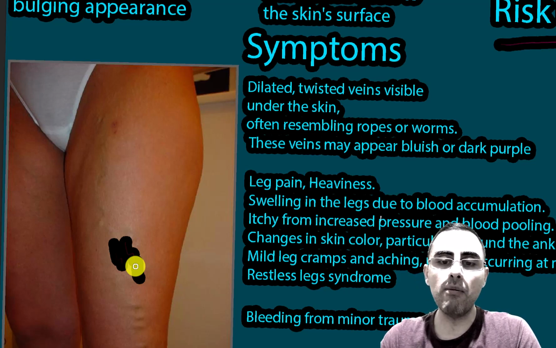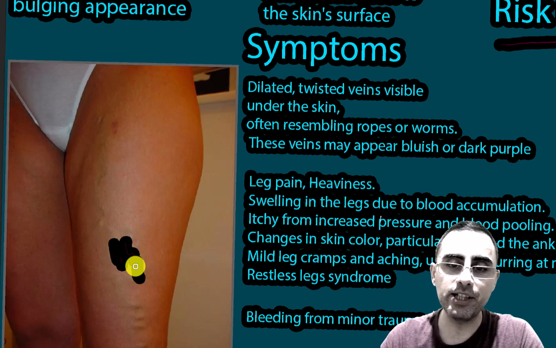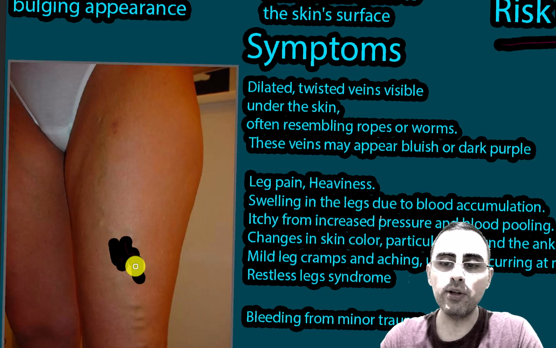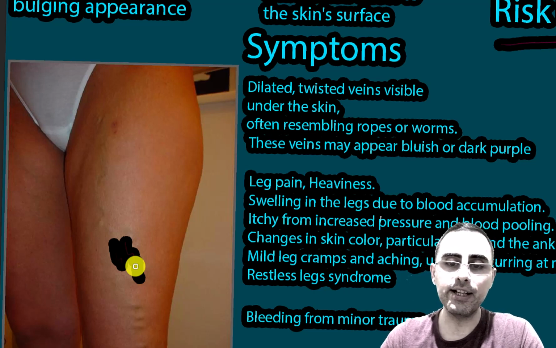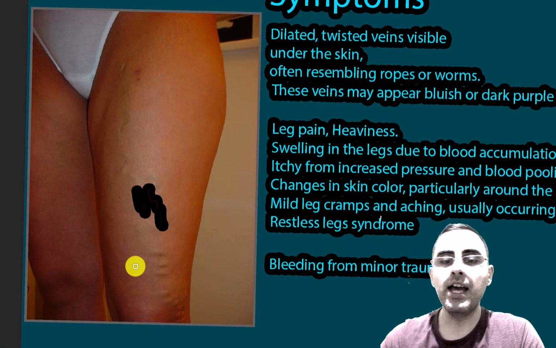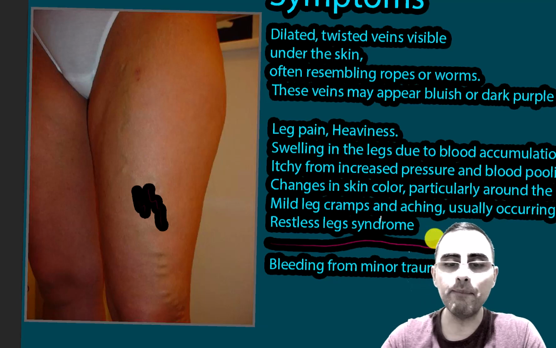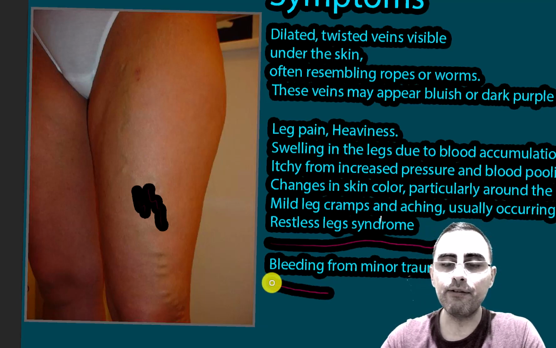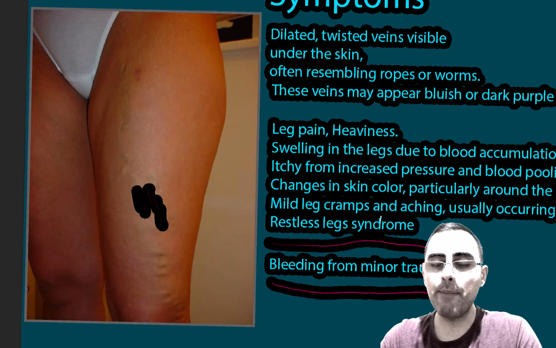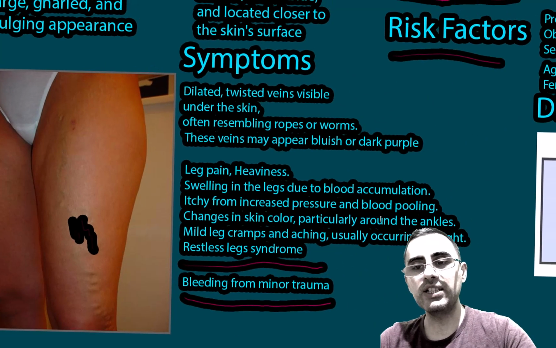Leg pain is common, heaviness, swelling of the leg due to blood accumulation, itching also because of blood pooling and accumulation, changed skin color, particularly around the ankle. Mild leg cramps are common during the night, and restless leg syndrome. Also, sometimes easy bleeding from varicose veins happens, and bleeding sometimes can be serious, but such cases are rare.